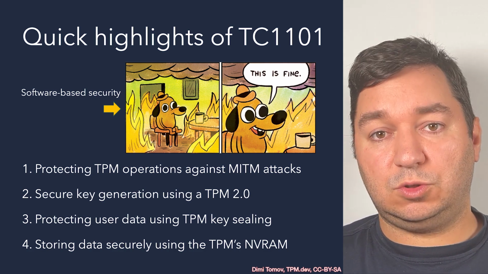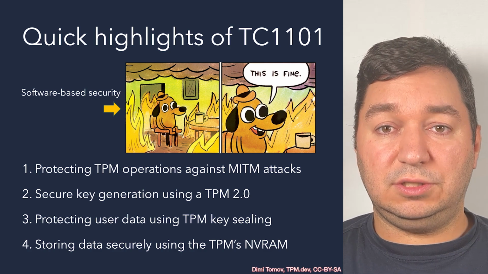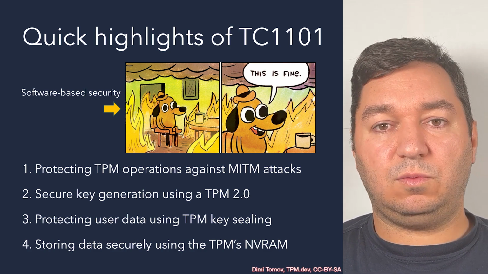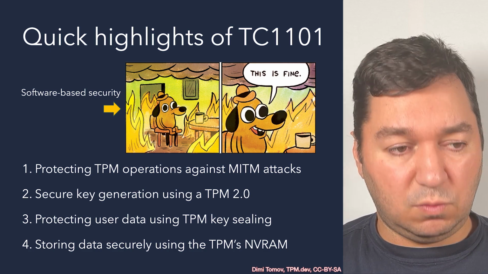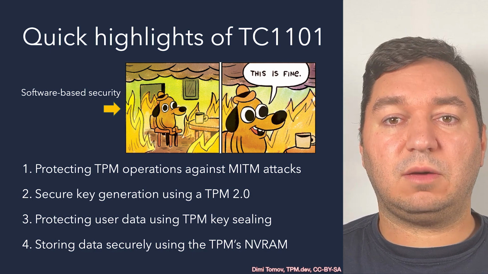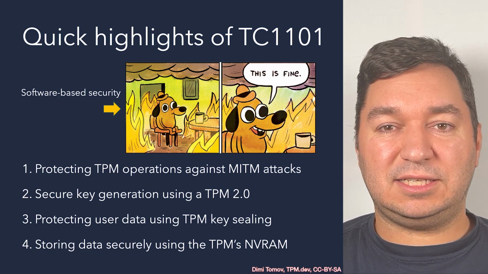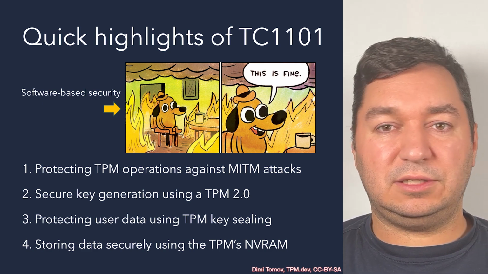And we learned how to store different data there, how to create NV indices and make use of them. And this can be combined with enhanced authorization, something we'll cover in this course. We will learn about TPM 2.0 policy, but let's not get ahead of us. Let's go on the next slide and learn more about what's coming in this course.